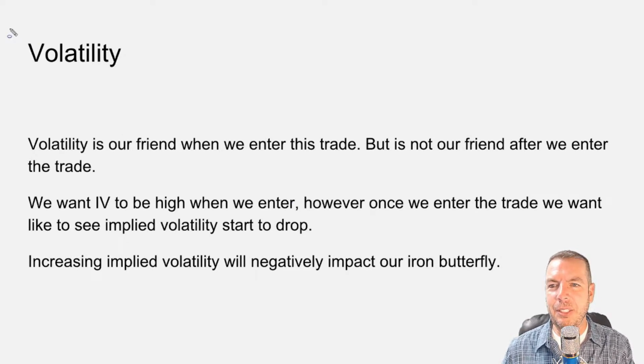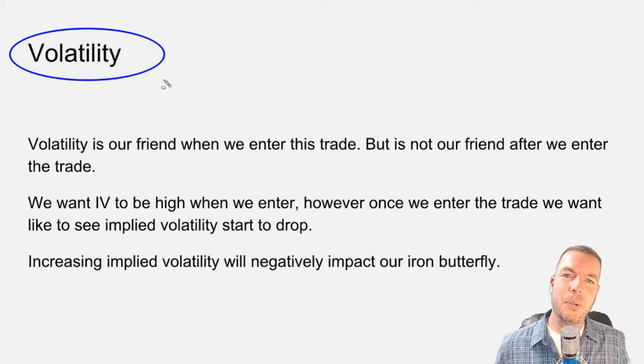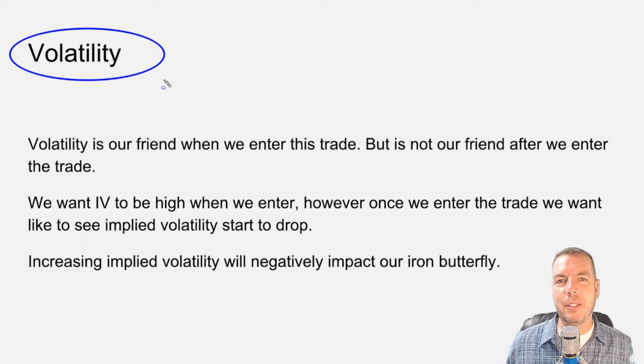Implied volatility is our friend when we enter this trade, because we want to sell this iron butterfly when implied volatility is very high. It's like anything: when you're selling something, you want to get the most out of it, correct? So we want to sell it when all the premium in all these options is juiced up.